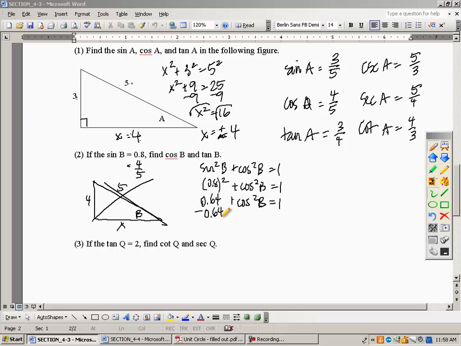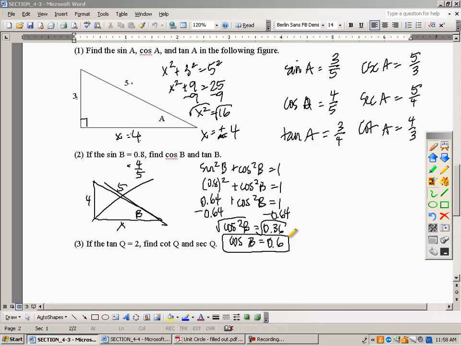And when I subtract 0.64, cosine squared is 0.36. Similar idea, if I square root both sides, the cosine of B, well the square root of 36 is 6, so 0.6. This is the pre-calc way.